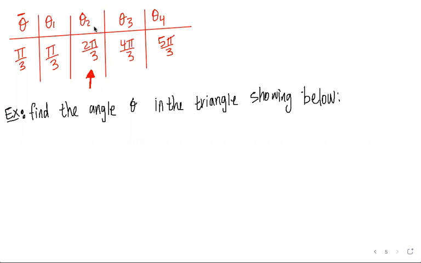Suppose I have a right triangle like this, and this triangle has theta here. This value here is square root of 3, and the value for the hypotenuse is 2.